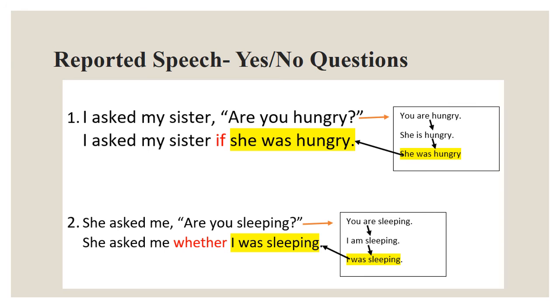The answer is: she asked me whether I was sleeping. Remember this: after we convert the question into the sentence or the statement, we have to follow the same rules that we followed under statements with reported speech. That is how we convert yes/no questions in reported speech.